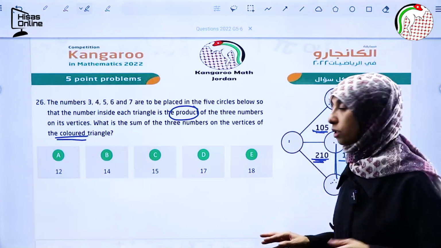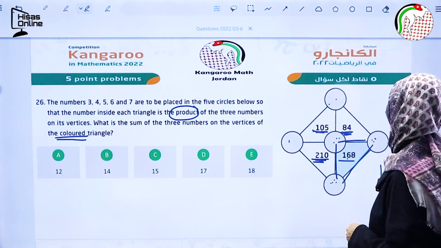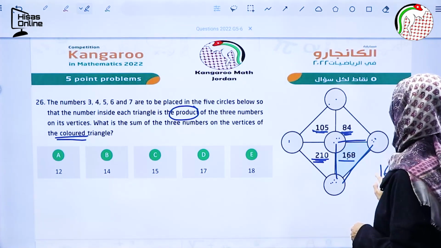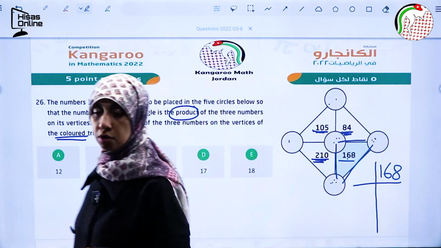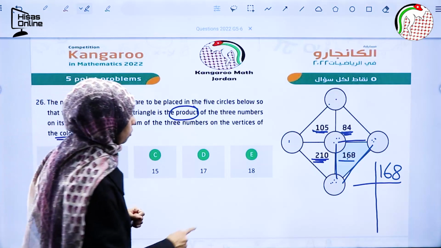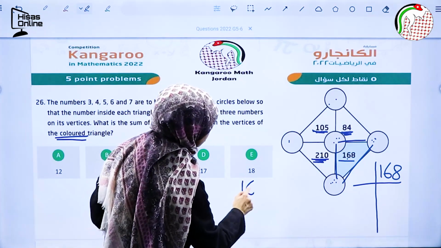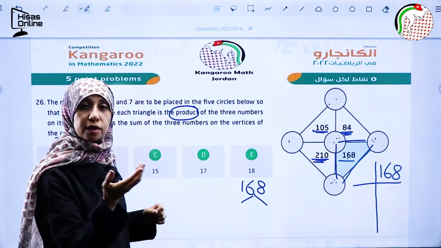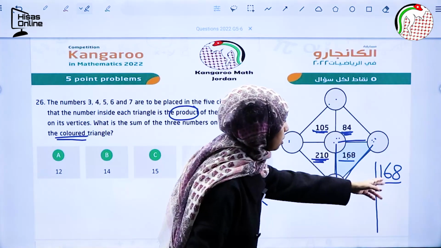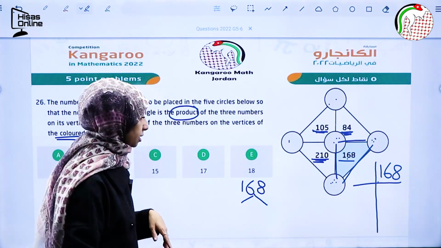So I may use here maybe repeated division, or you can use the tree to find the factors for this 168.